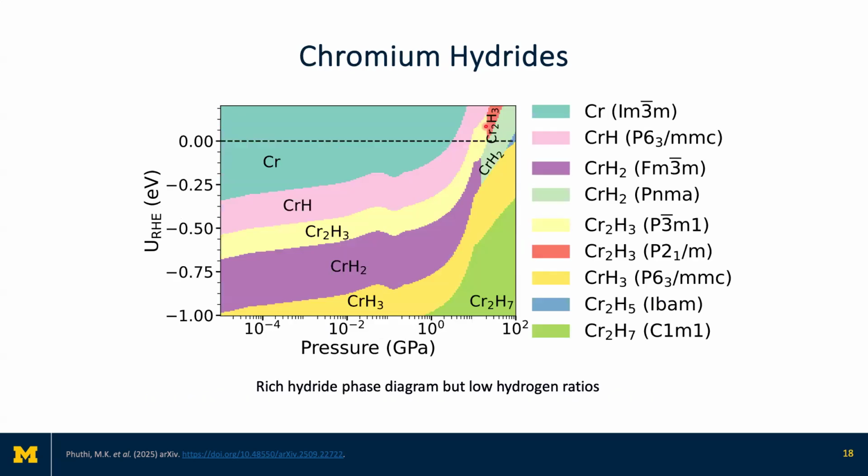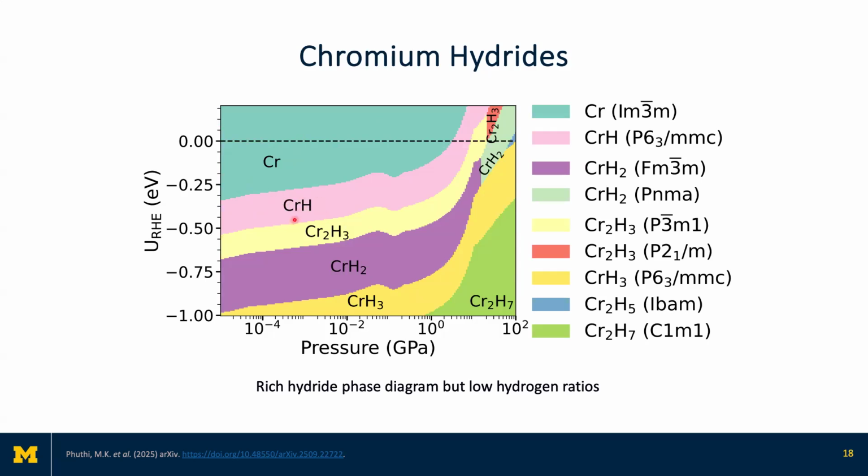Another material with a very colorful phase diagram is chromium. So chromium hydrides seem to be quite diverse. You don't readily form chromium hydride at ambient conditions, right? Chromium doesn't react readily or spontaneously with hydrogen. But once you apply an electrochemical potential, you form this CrH, this chromium hydride phase.